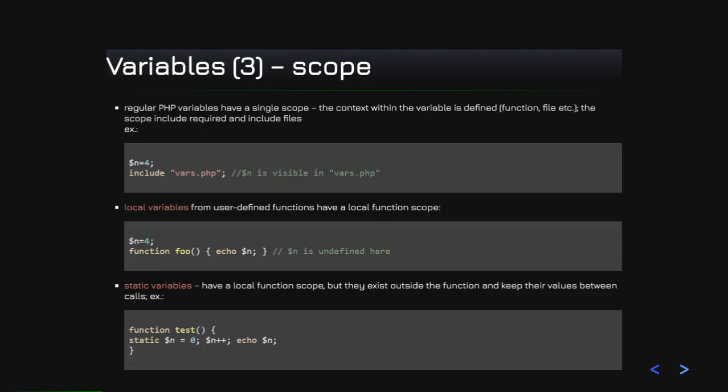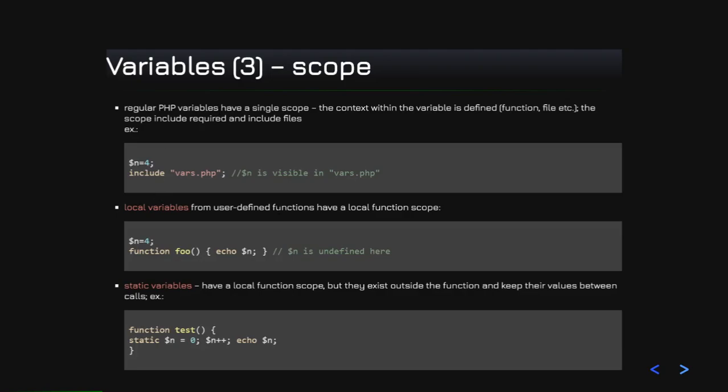So the scope of regular PHP variables is either local or global, but it's only one. And the global scope does not include the local scope, and you'll see what this means in a second.